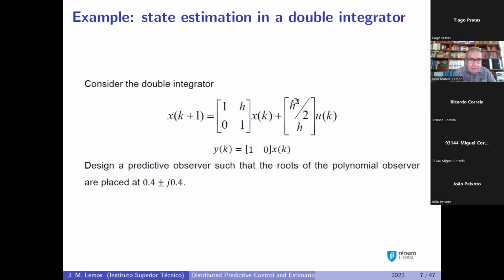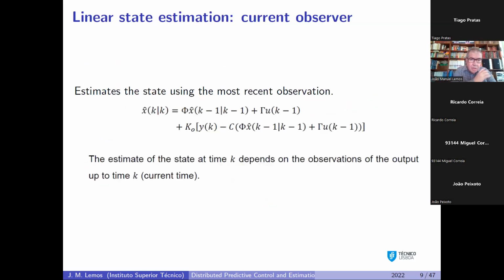I could have considered a different version in which I have an estimate at time k given the observations of y at time k. Okay, so I have still another value of y.